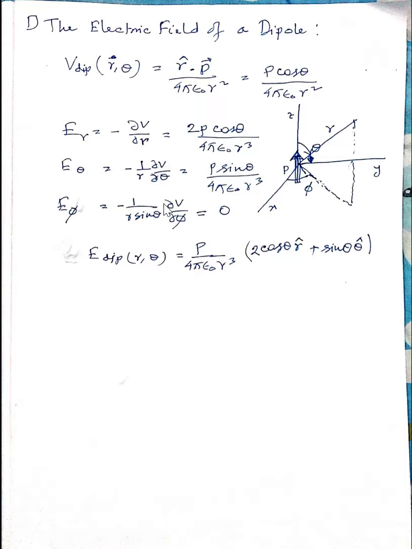So if we want to calculate the electric field, we have to do all the calculation in spherical polar coordinates too. For simplification, we have considered this dipole moment in the direction of z, and finally we will get an expression that will signify a dipole moment in any direction.